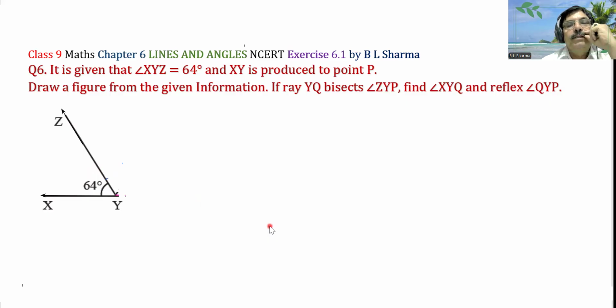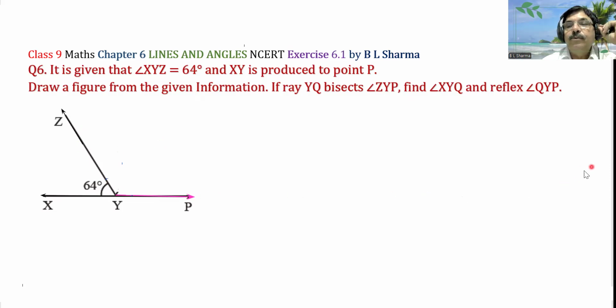It is also given that we have to produce XY to a point P. इस XY को P तक हम प्रोड्यूस करेंगे. देखिए ऐसे. This point is P. It is also given that here YQ means here a line YQ. Ray YQ bisect angle ZYP.